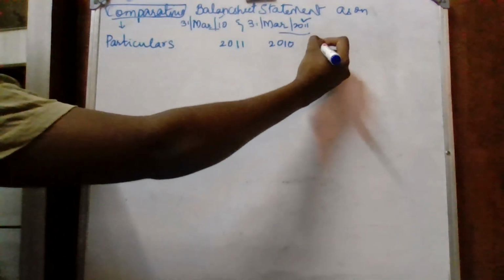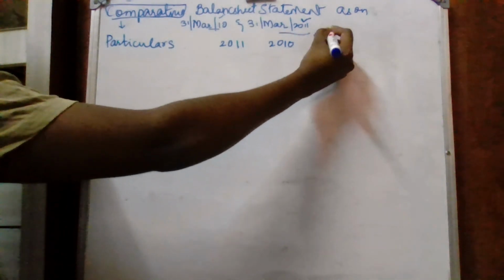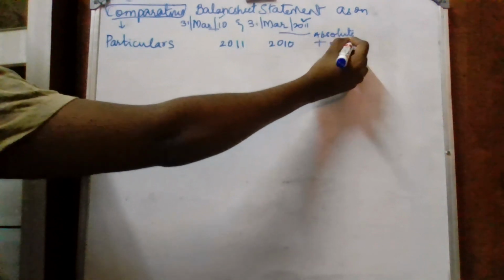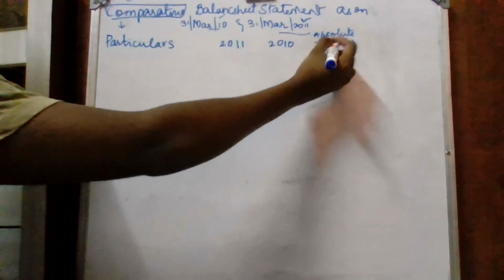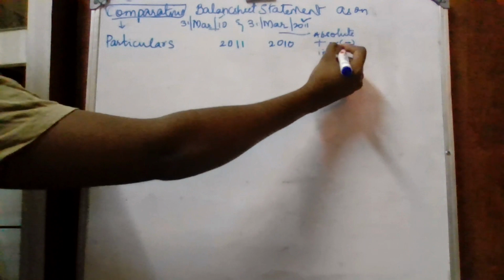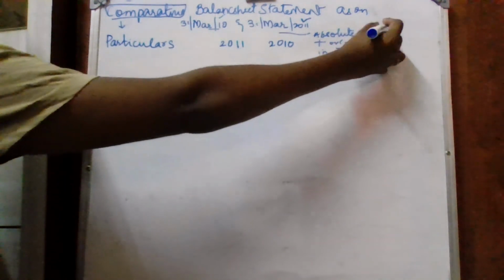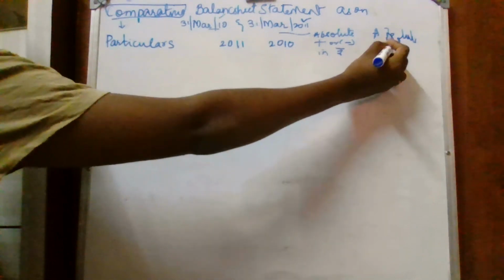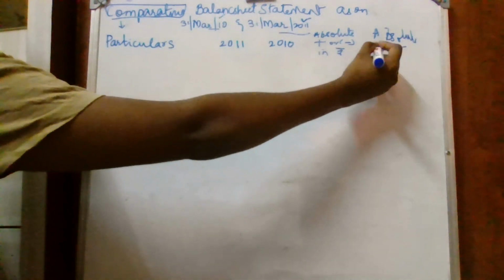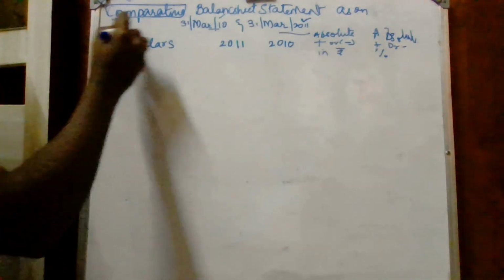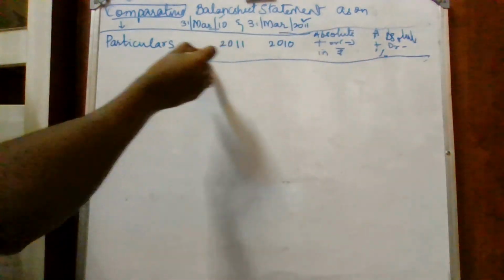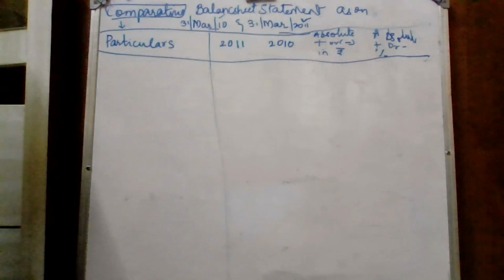Then we write absolute increase or decrease in rupees. Then absolute increase or decrease in percentage. This is the format for the comparative balance sheet.